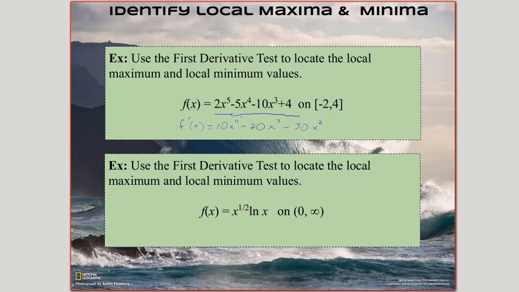All right, so I want to know, where is this 0 on this interval? Well, certainly it's going to be 0 at 0, because we can factor, and I'm going to go ahead and take a 10 and an x squared out of here. That leaves me with x squared minus 2x minus 3.